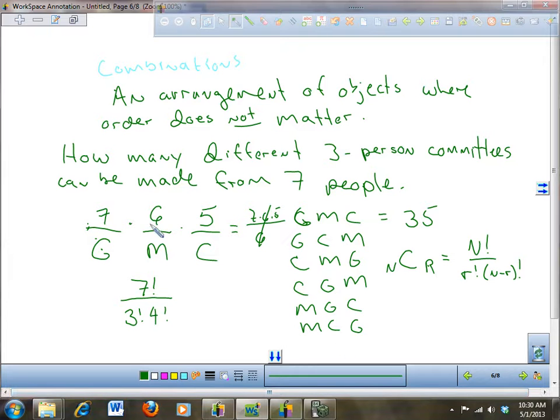In this case, that would be 7 factorial, 3 spots to put them, 7 minus 3 is 4. And that's how you would do it algebraically.